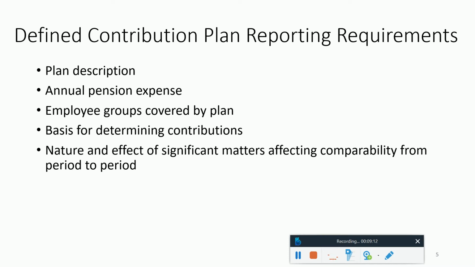So when it comes to the reporting requirements for a defined contribution plan, there needs to be a short description of the plan, the annual pension expense or the annual amount of expense related to the particular defined contribution plan, what employees are covered by the plan, the basis for determining contributions.